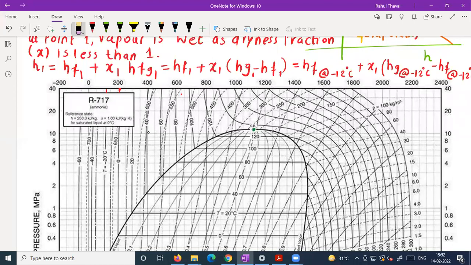Are you able to get this? See, here it is minus 20, here it is 0.